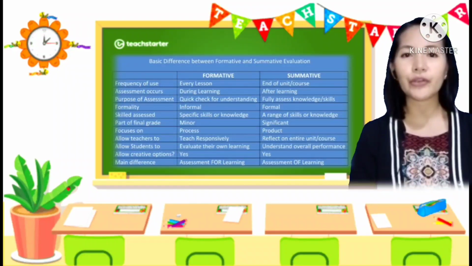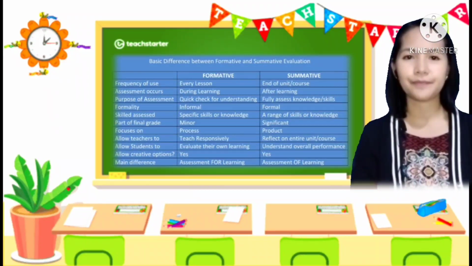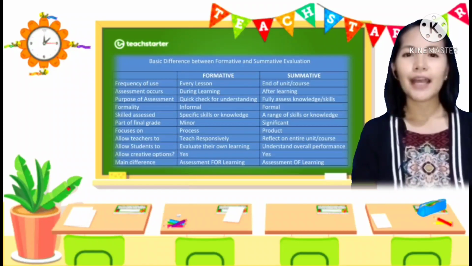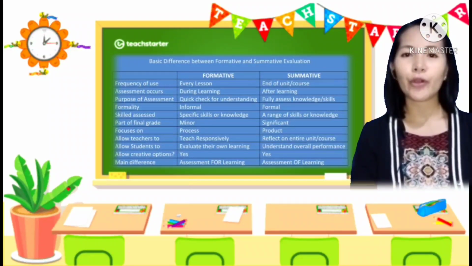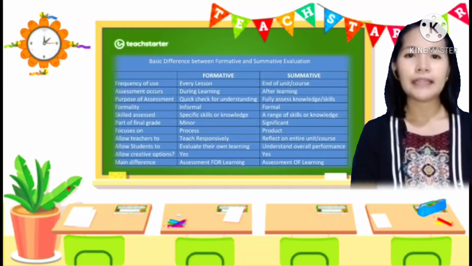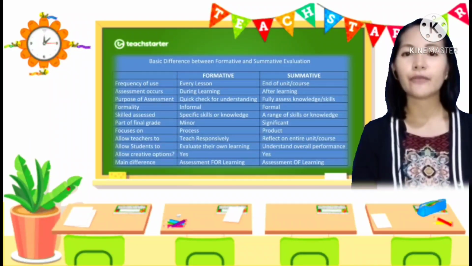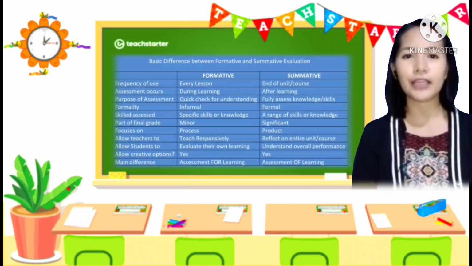In formative, during learning, and in summative, after learning. Next is purpose for assessment. In formative, quick check for understanding, and in summative, fully assess knowledge or skills. Under formality, in formative, informal, and in summative, formal. Next is skills assessed. In formative, specific skills or knowledge, and in summative, a range of skills or knowledge.